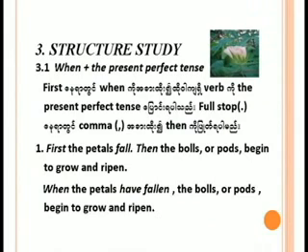The first pattern is 1, present perfect tense. This construction is used to show a temporal relation between the two events. There are two clauses in this structure. One clause shows the first event and the other clause shows the second one. Let's see example 1.